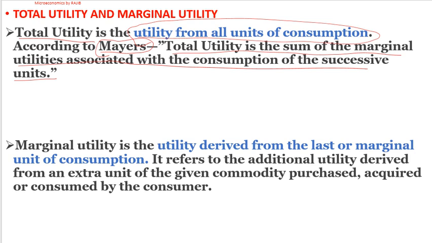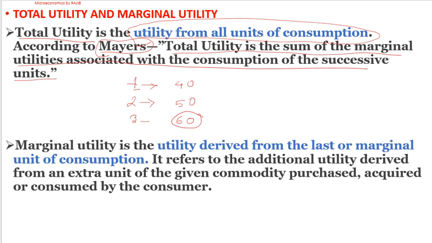Suppose I am consuming apples, so from the first apple I have got the utility rupees 40. From the second one I have got 50 utility, and similarly from the third one I got 60 utility.